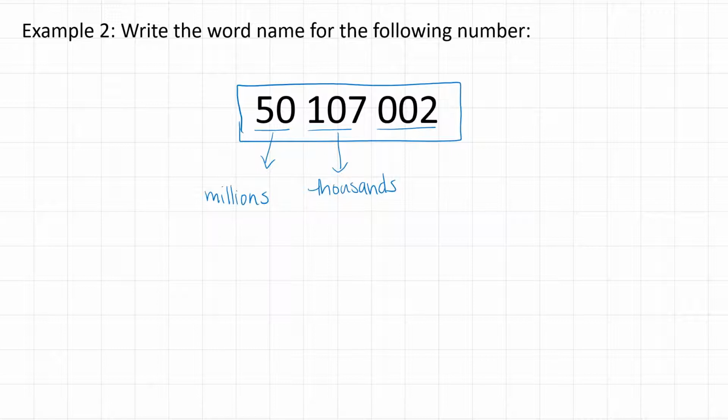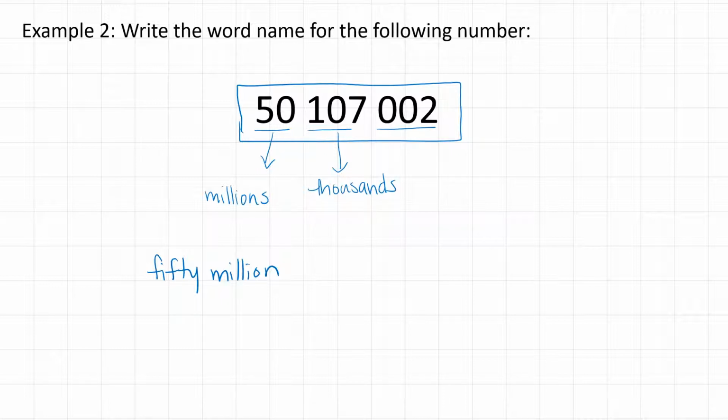Now let's look at that first group in the millions. It looks like we have 50 million. All right, now let's look at the second group. It looks like we have 107.